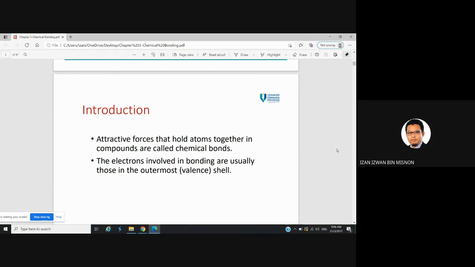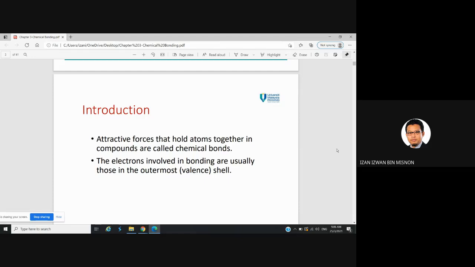That's how an element is bonded to another element, either a similar element or a different element. The electrons involved in the bonding are usually those in the outermost shell, the furthest from the nucleus, called the valence shell.